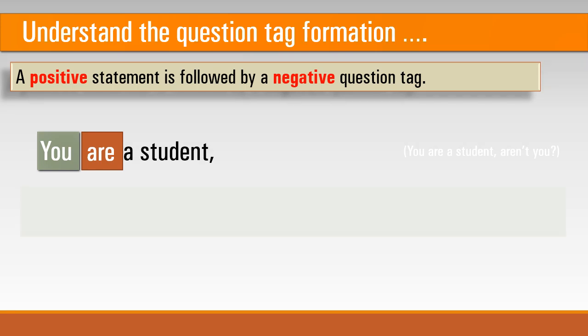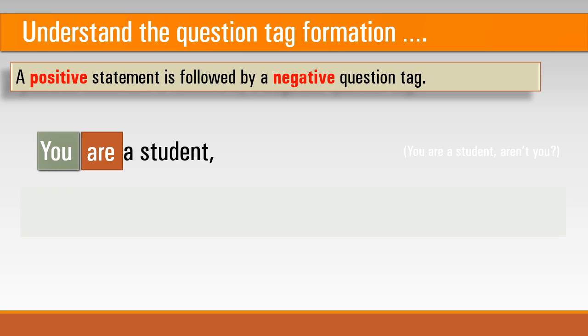First of all, remember, while making a question tag, subject and verb, they will interchange their positions. That means the verb comes first, followed by a negative word, then the subject and a question tag.